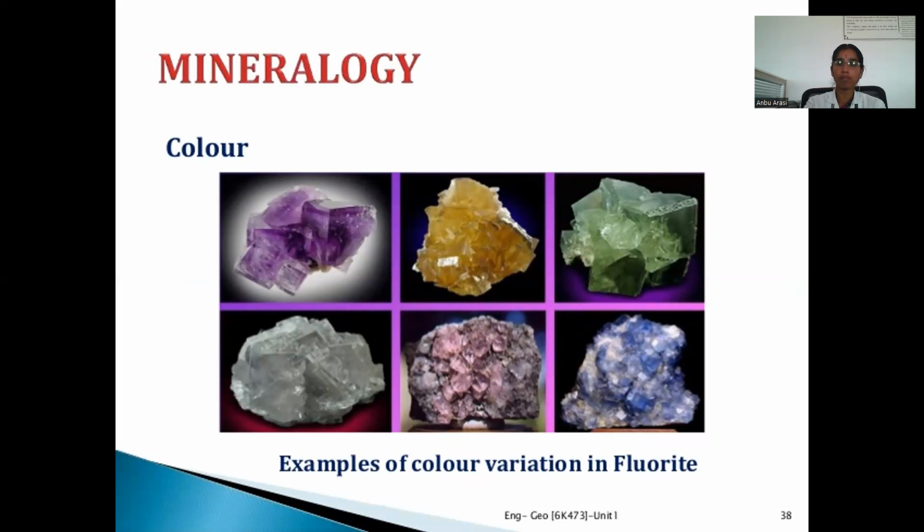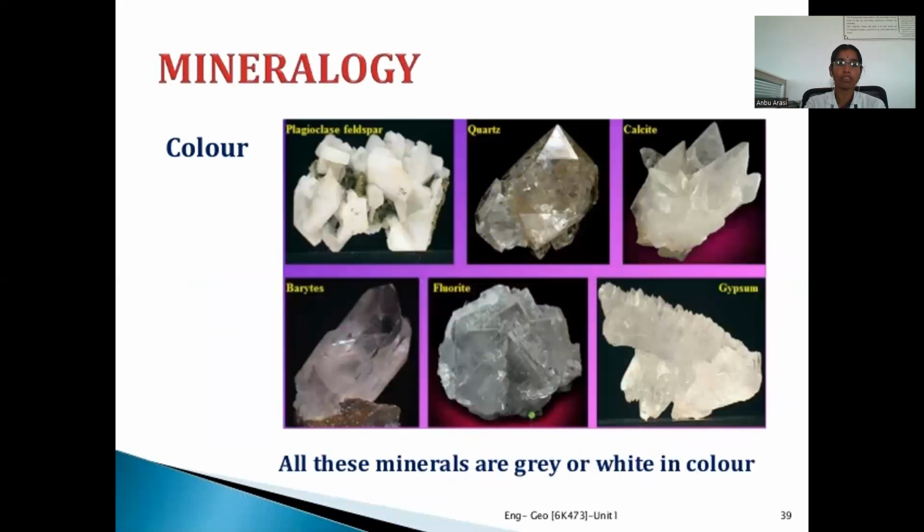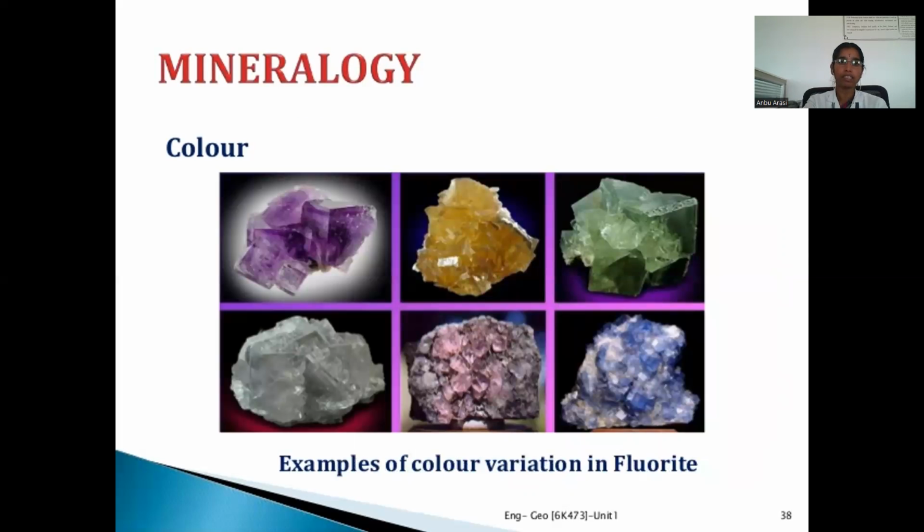These are some examples of color variation in fluorite. These are all fluorite, but the colors vary. These are all gray and white minerals: plagioclase, quartz, calcite, barytes, fluorite, gypsum. These are various minerals, but the same in color. Here, the minerals are the same, but vary in color.